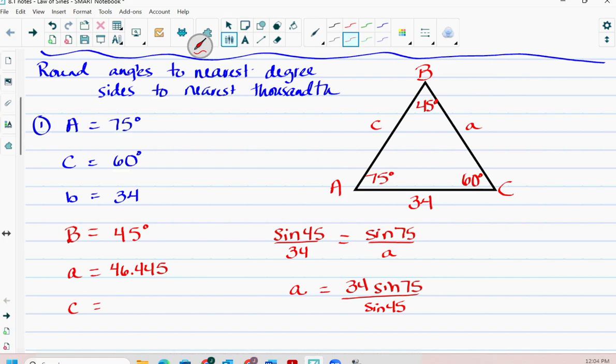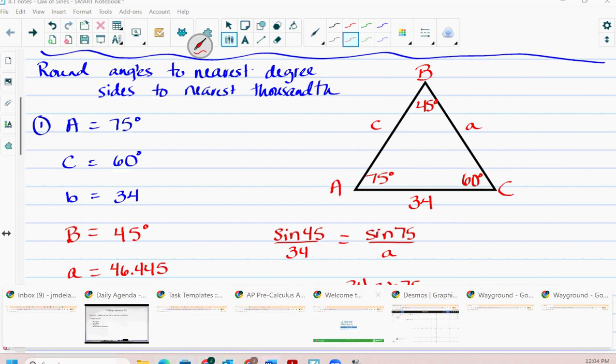To find side C, you're just going to set up the ratio again. You could use 75 and the A we just found, but you cannot use rounded little a. Okay? In Desmos, because if you put it in like I did, maybe, you've stored that value as little a, so you could do that.